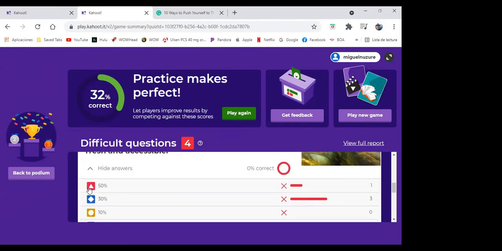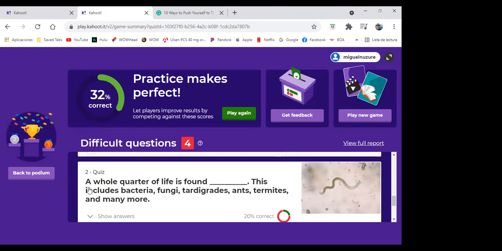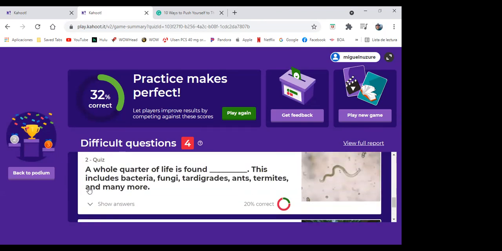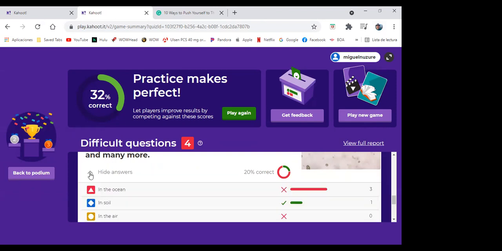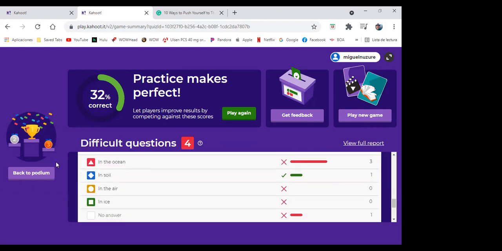Remember these questions. A whole quarter of life is found where? This includes bacteria, fungi, tardigrades, ants, termites, and many more. In soil. Yes.